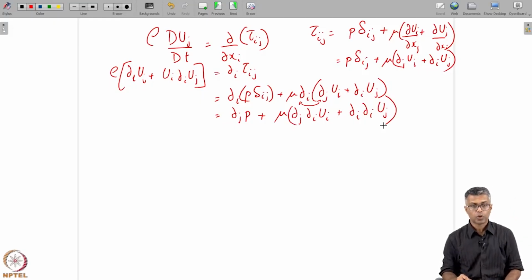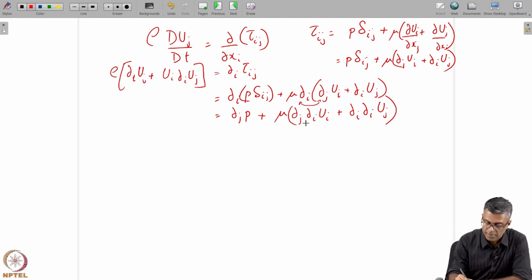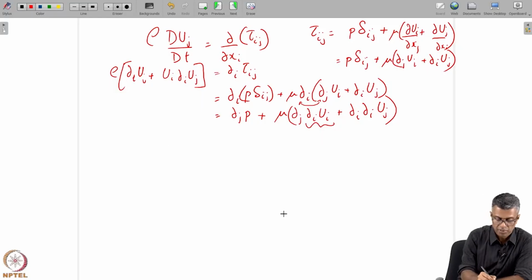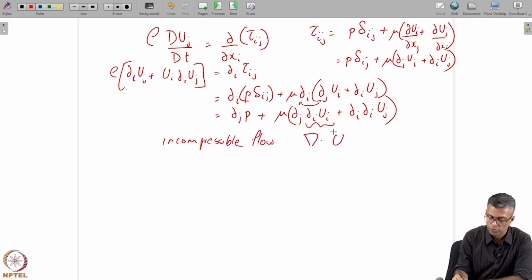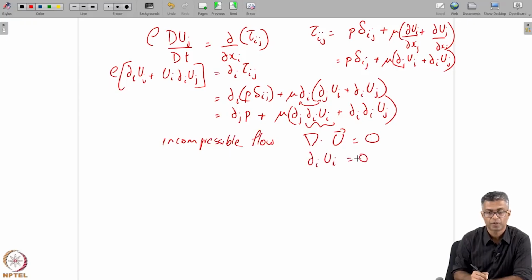Now if I invoke the continuity equation, again with the incompressible assumption, so incompressible flow, del dot u is equal to 0. In index notation, that is del_i u_i is equal to 0.